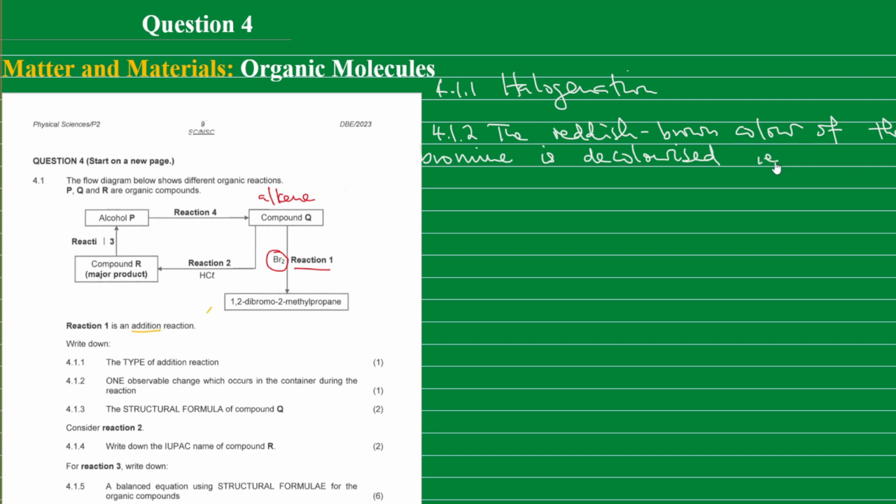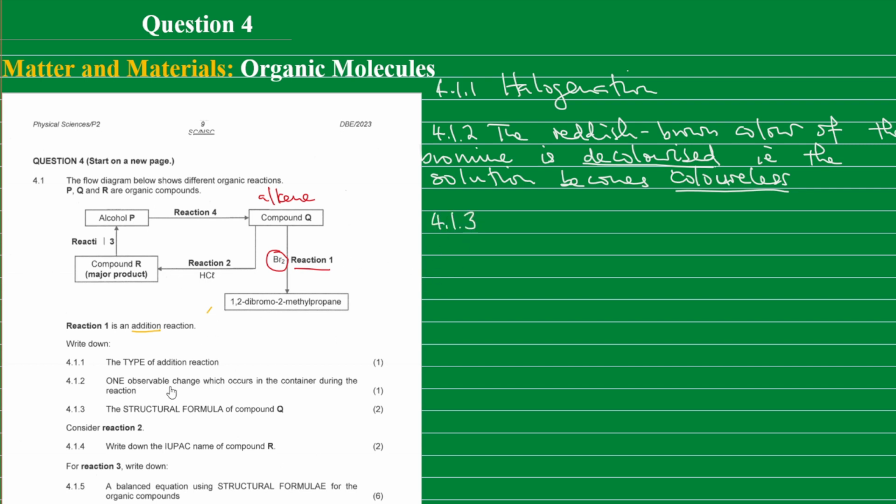That is, the solution becomes colorless. So it is decolorized, or the solution becomes colorless. Naturally, bromine is reddish brown in color, so it becomes colorless when it reacts with an alkene. So that's the observation that we see here.